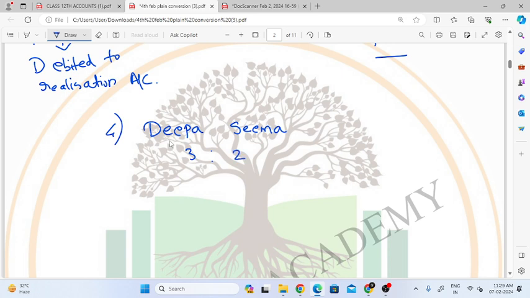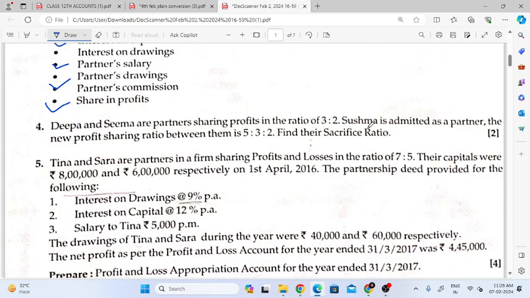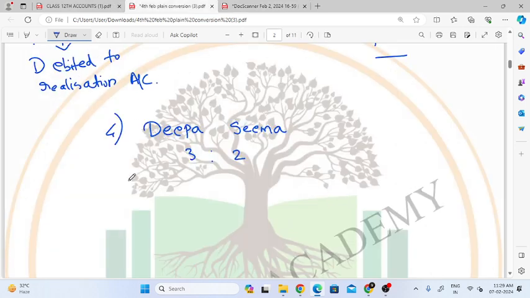Sushma is admitted as a partner. The new profit sharing ratio between them is 5:3:2. So here one more partner is added, Deepa, Seema and Sushma, and their new profit sharing ratio is 5:3:2.